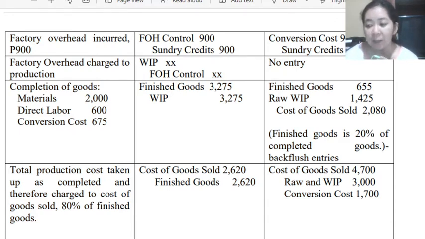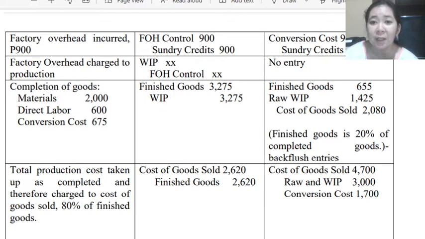Because in just in time, what we produce is actually ordered. This is a sure sale of the inventory, so that's why we directly credit it to cost of goods sold. At this time, we credit it temporarily at cost of goods sold.